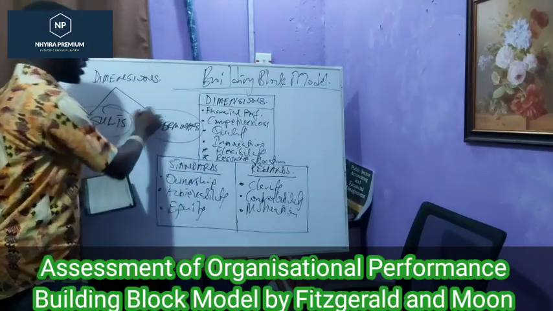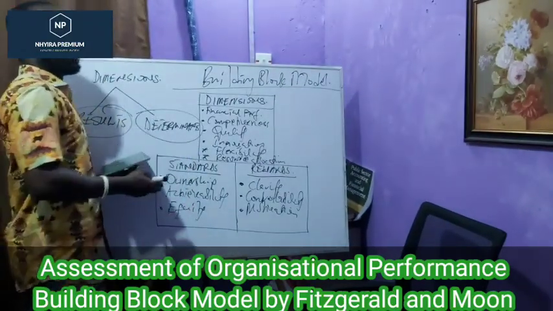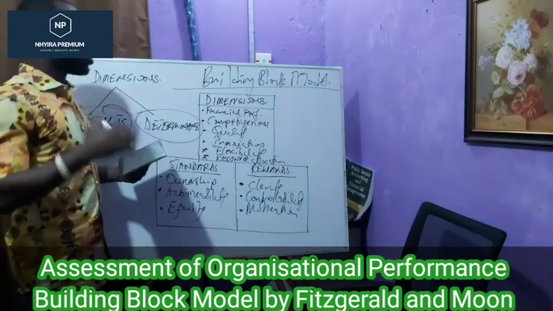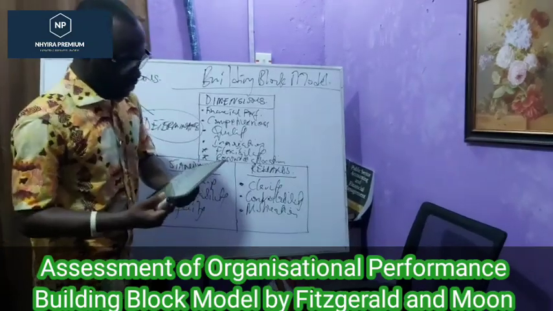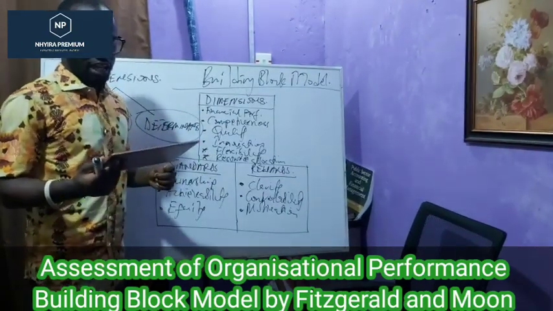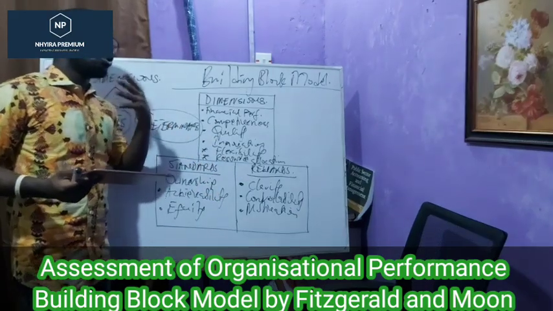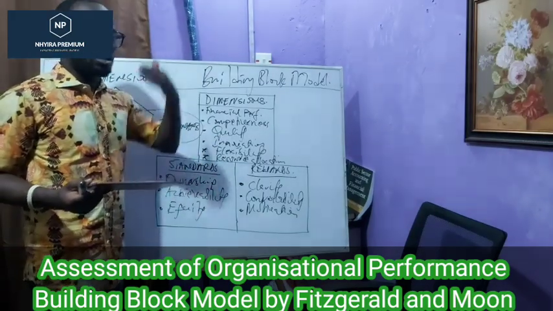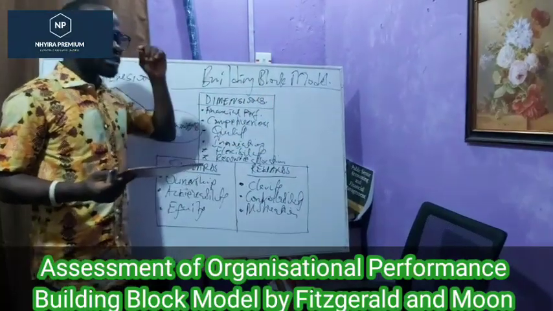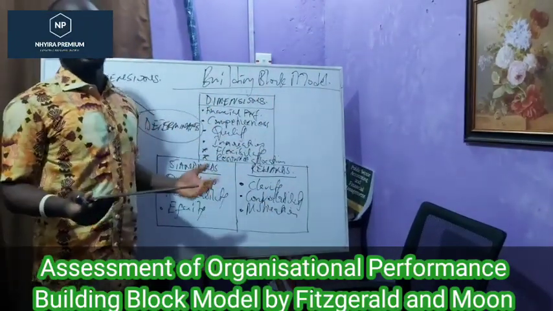Results and then determinants. So the question we ask ourselves is, what are results? Or what do we mean when we say results? So we said that results are the outcome of decisions and actions taken by management in the past. So if you want to assess the performance of an organization based on the decisions that they have made in the past, what kind of indicators can we use?